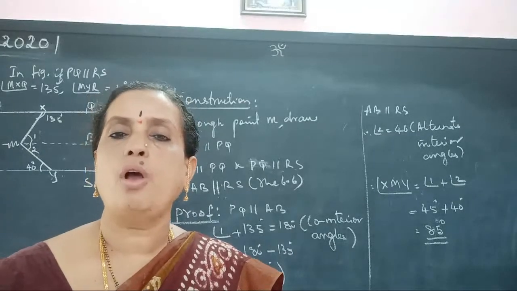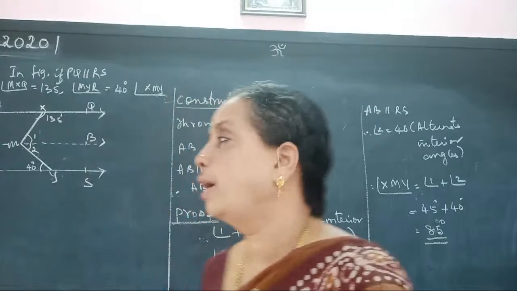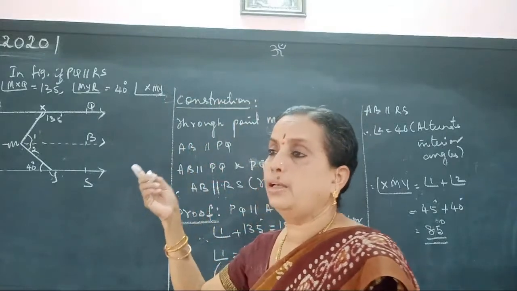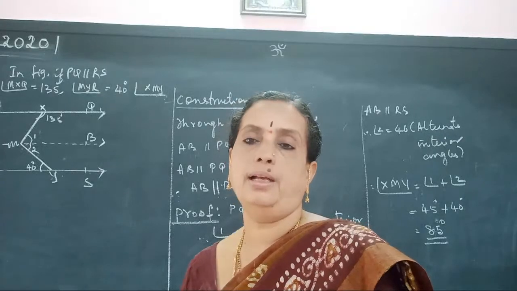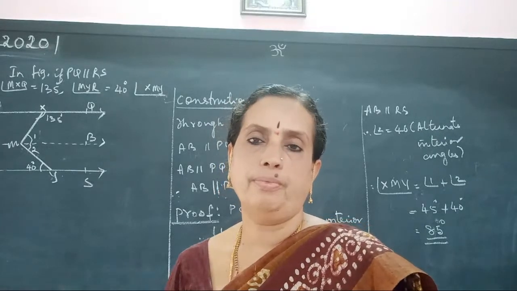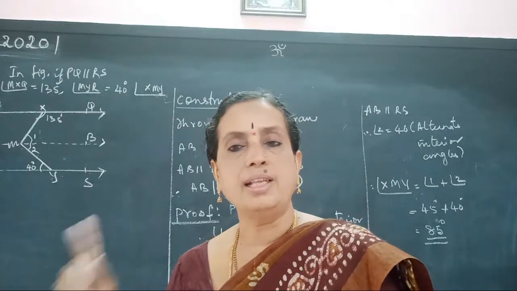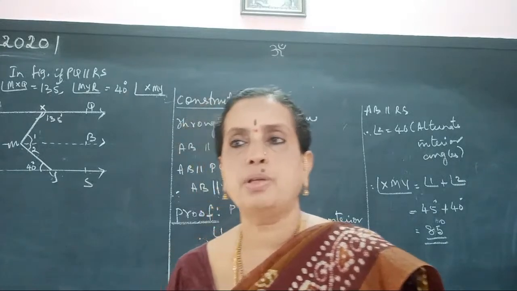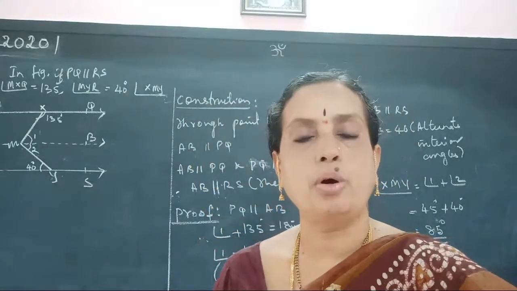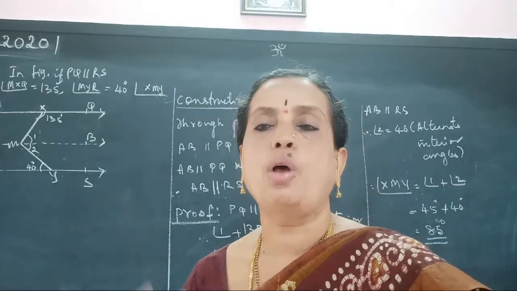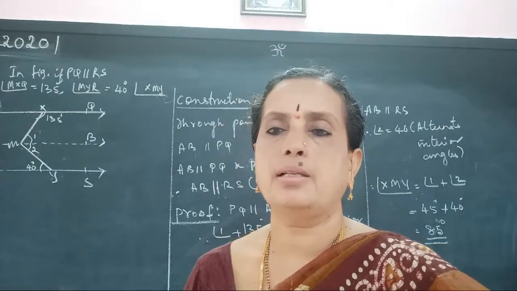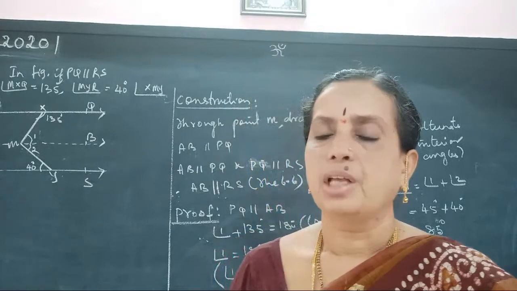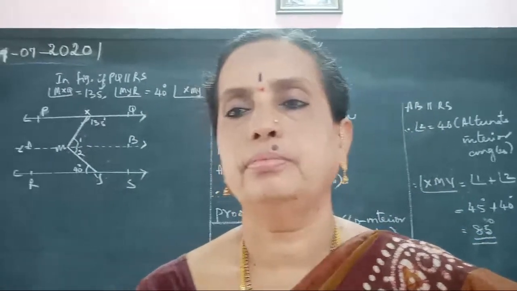So you have to see whether it is satisfying corresponding angle, alternate interior angle, or co-interior angle, then only you have to proceed. That is the reason listening to the explanation and observation is very, very important. Later, you can solve 100 problems. First, try to understand the basic concept. Okay? Next question.